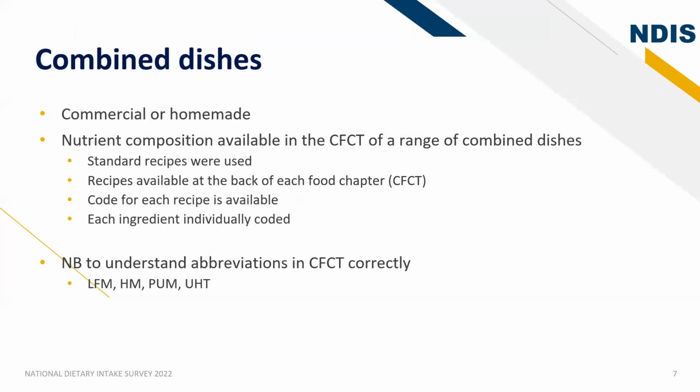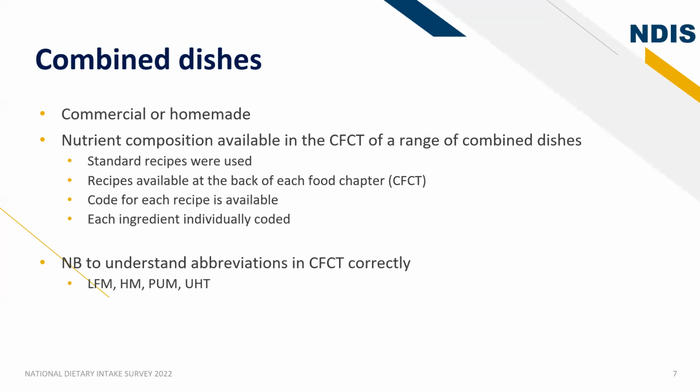So the combined dishes, you need to find out if they're commercial or homemade. As you've done the interview for the 24-hour recalls, you would have seen on your questionnaire, you will have to add a brand. So if it's homemade, at least you can indicate it's homemade. And if it's commercial, is it Woolworths? Is it Dr. Oetker?